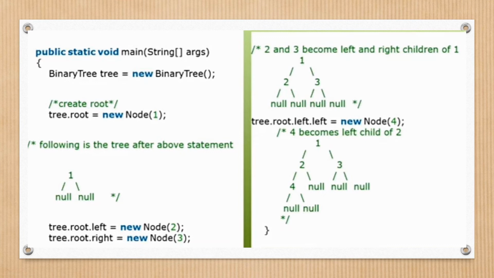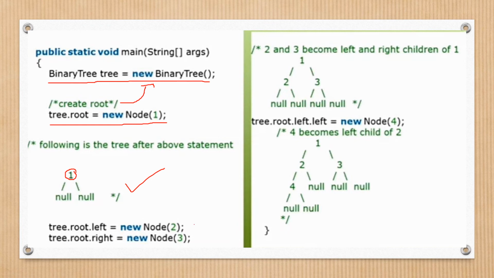How this happened, let us see in diagrammatic representation. After creating the object for this binary tree, it creates a null root. After this statement execution, a node with value 1 is created and its left and right addresses are null.